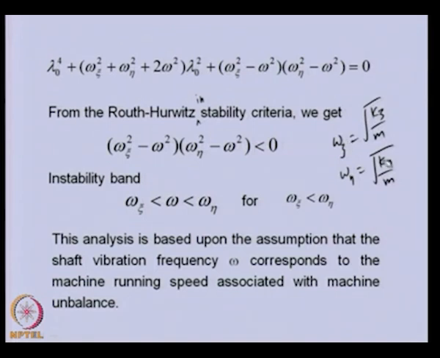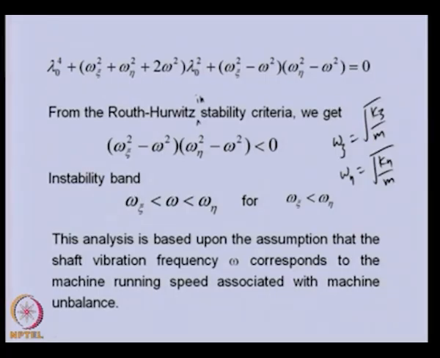The stiffness is such that omega xi is less than omega eta, so the choice of coordinate system is such that we have this condition. So there are 3 possible conditions for the speed.